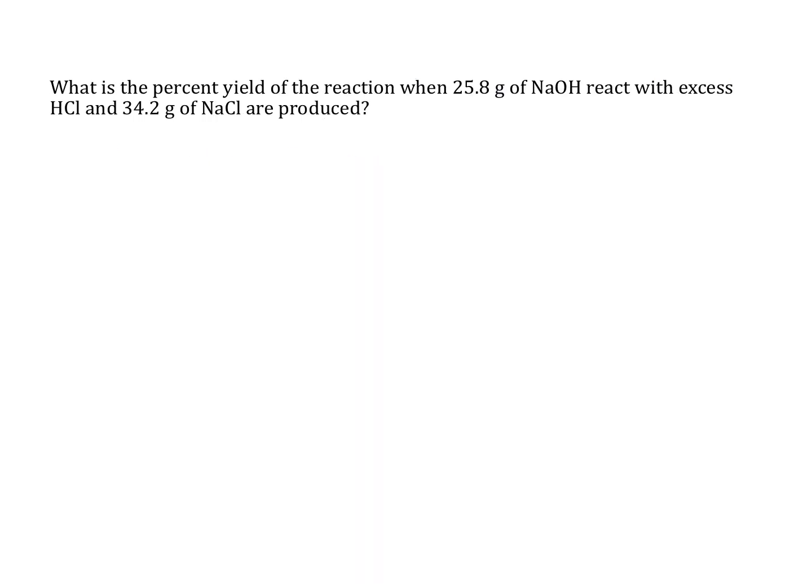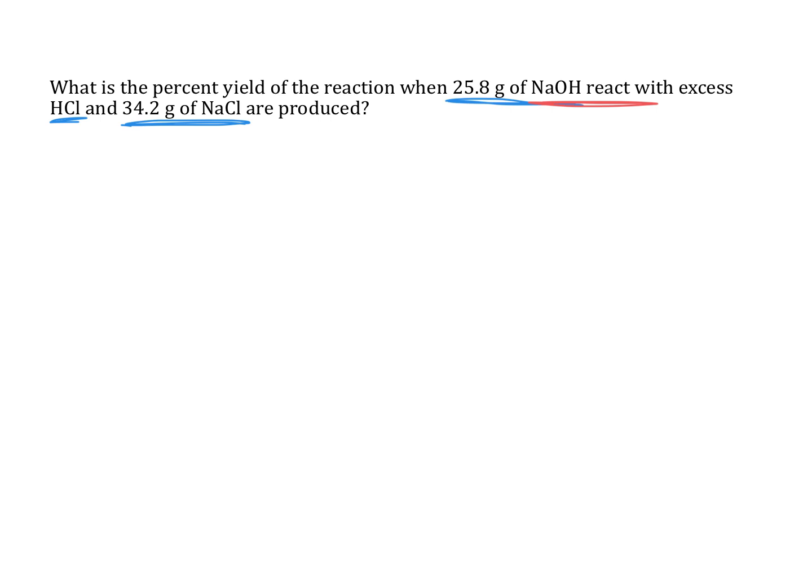All right, this is our last one. What is the percentage yield of the reaction when 25.8 grams of NaOH react with excess HCl and 34.2 grams of NaCl are produced? So this is a stoichiometry problem. The first thing we're going to need is a reaction.